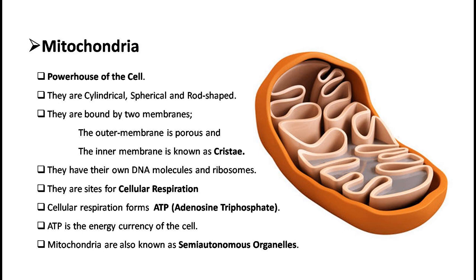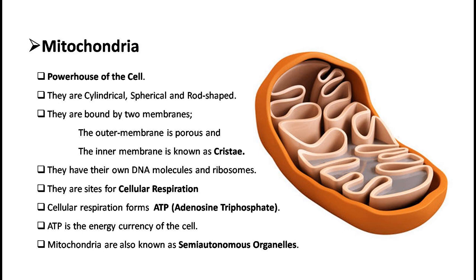They have their own DNA molecules and ribosomes, and so they can synthesize their own proteins. They are basically sites of cellular respiration. They use molecular oxygen to break down carbohydrates and fats present in the cell and release carbon dioxide and water vapor.